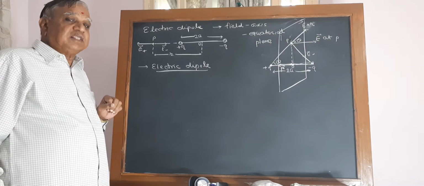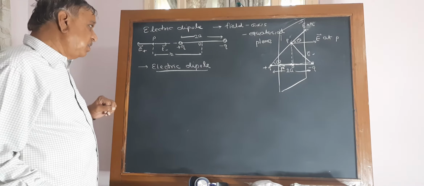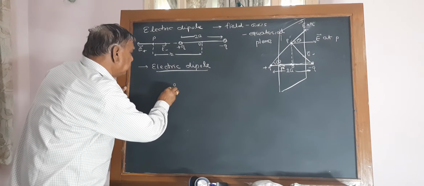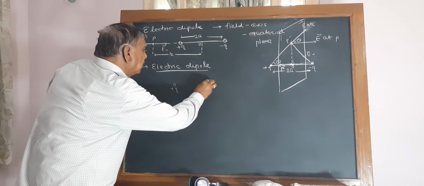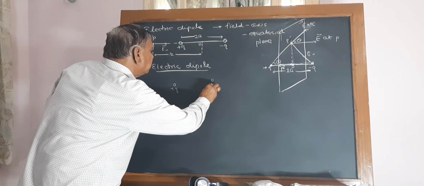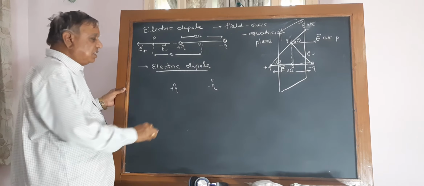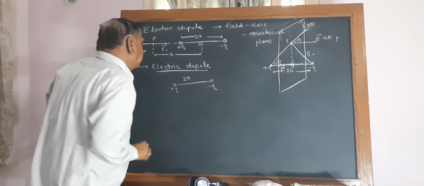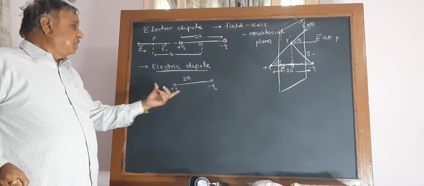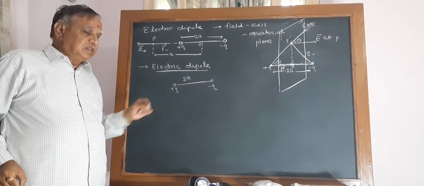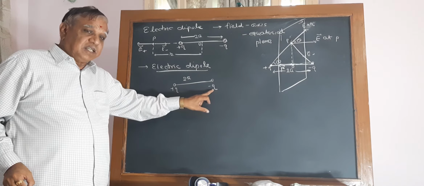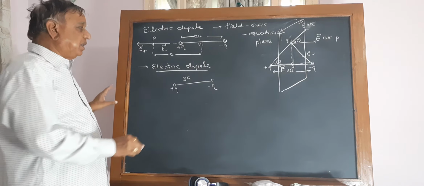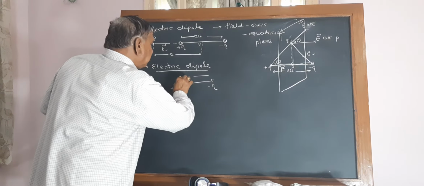Suppose we have taken two charges plus q and minus q, and the distance between them is 2a. Then this can be taken as a dipole: two equal, opposite charges at a finite distance 2a, known as electric dipole.